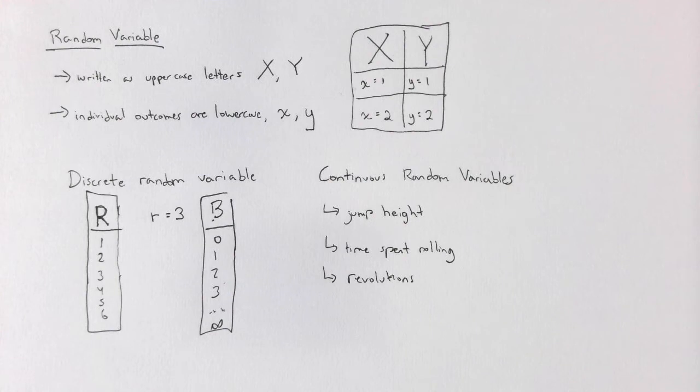What do you think? If you're using a ruler, the ruler can only measure to the nearest millimeter. Is your sample space, or sorry, is your random variable now discrete or continuous? So we have someone saying continuous, someone saying discrete, someone saying discrete, discrete.